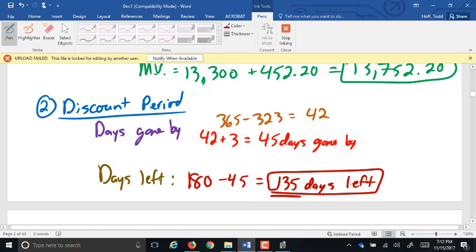That, believe it or not, is the part that is most often the mistake in this type of problem, finding the discount period.